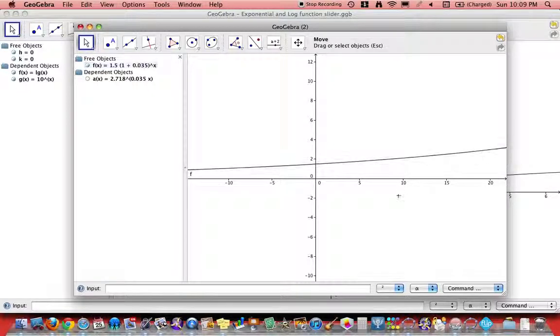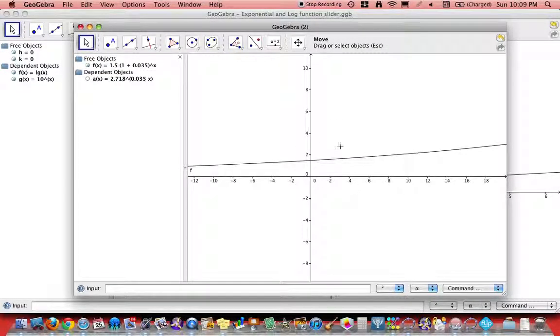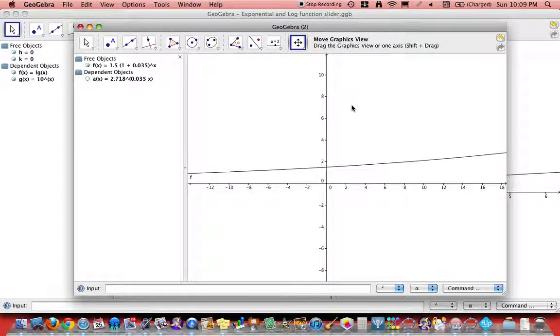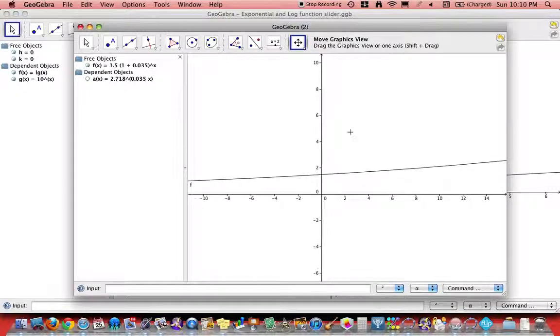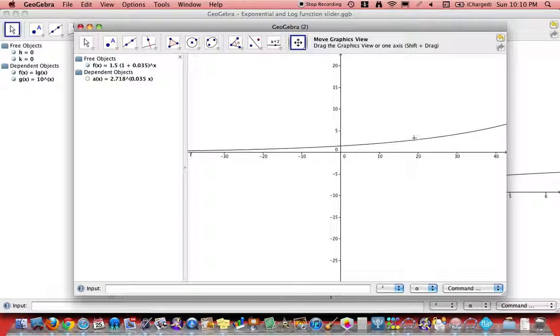So what happens if I want to know when exactly that population reaches, let's say, 4 million? We can look at it and say, I don't know, somewhere in here.